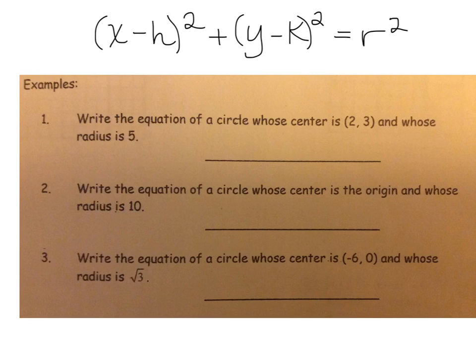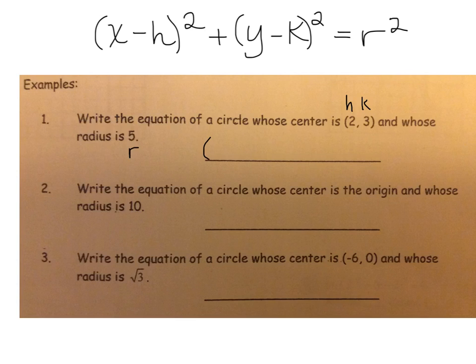For example number 1, it says write the equation of a circle whose center is 2, 3 and whose radius is 5. So I'm going to just put an h above 2 and put a k above 3 and put an r below 5. So now I'm going to substitute that into our original formula.